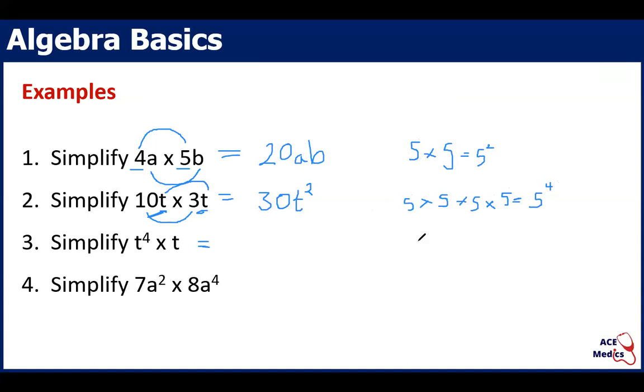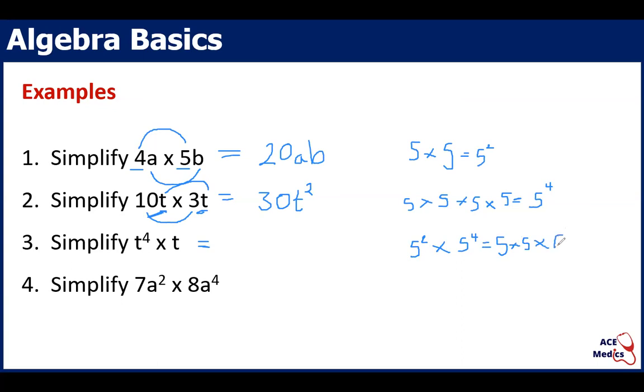If we then had 5 squared times 5 to the power of 4, that is the same as having all of those 5s. So 5 squared was 5 times 5. Put that multiplication in between them.